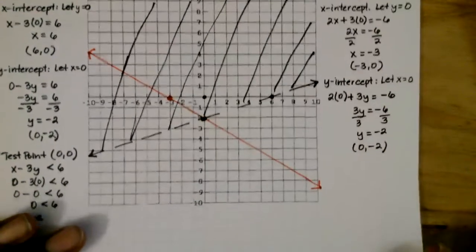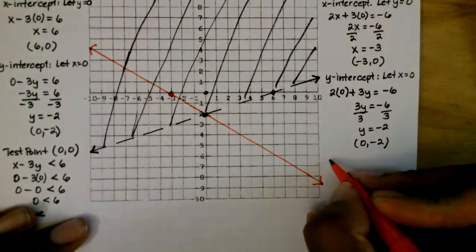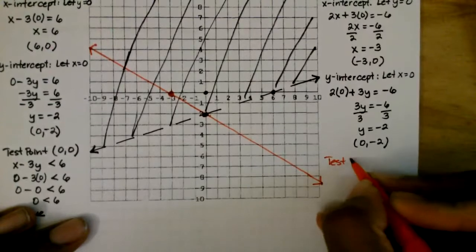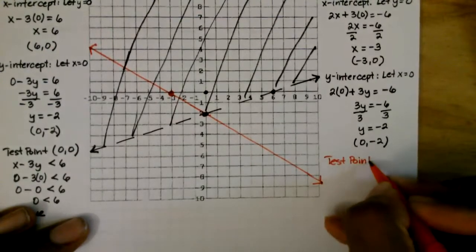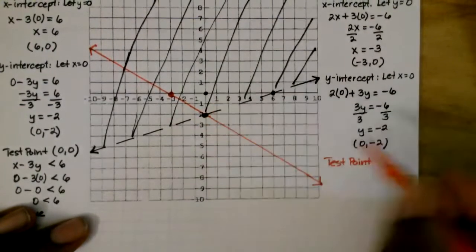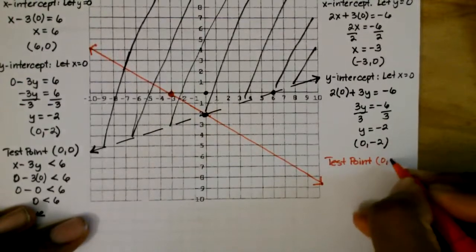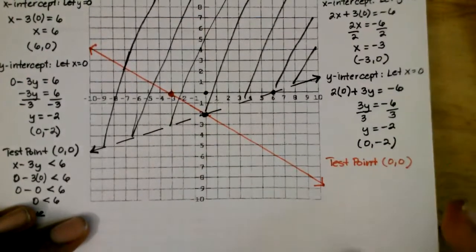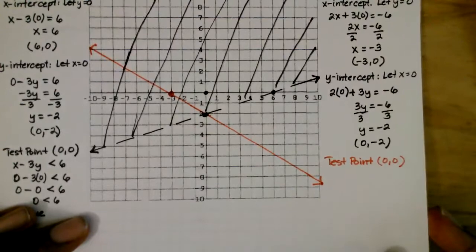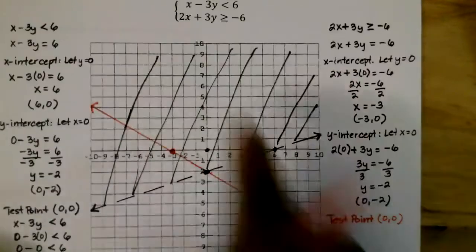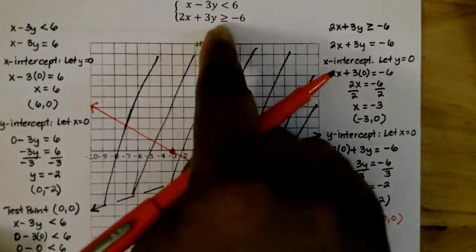All right, now I need a test point. Well, guess what? I can also use 0, 0 as a test point since 0, 0 is not on that line. And then just substitute into that second inequality.